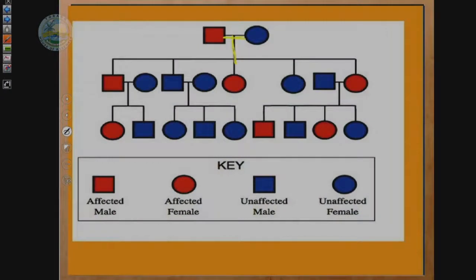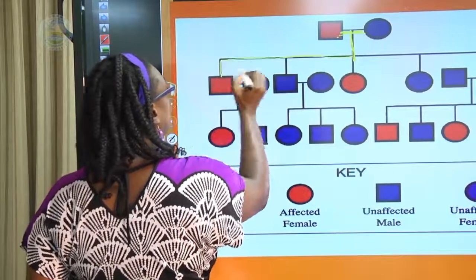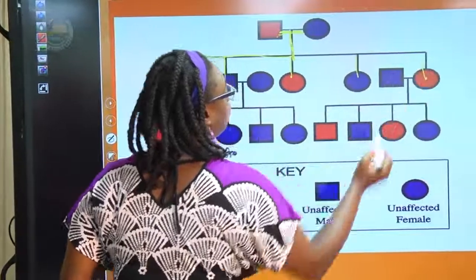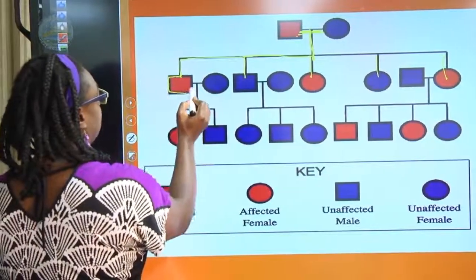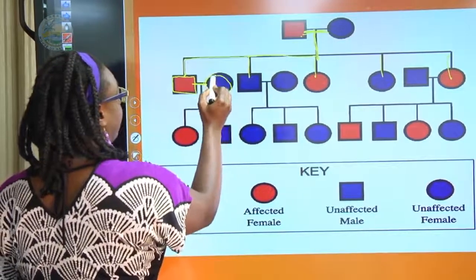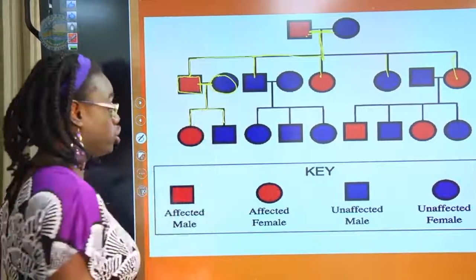In this example, these two persons had 1, 2, 3, 4, 5 children. This child here got married to this person here, and they had 1, 2 children.